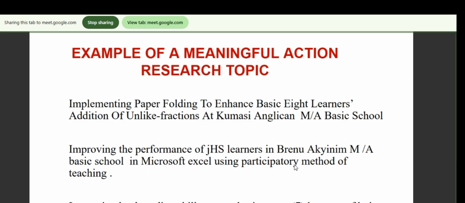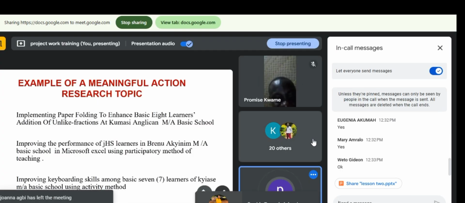So here I can launch Excel for them, then they participate as I do the sum, as I do the division, as I do the averaging and so on. So they participate. That is the participatory method. Then also the school where the research is conducted, Brenu Akinim MA Basic School.